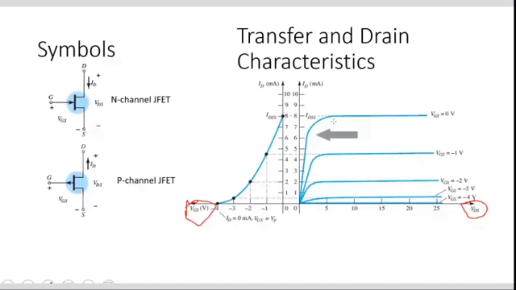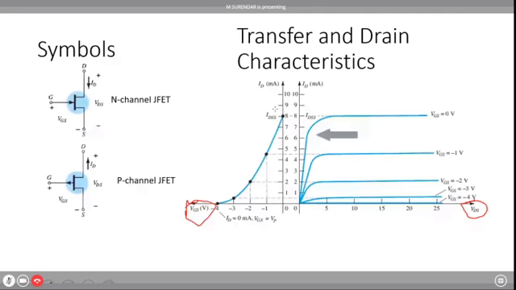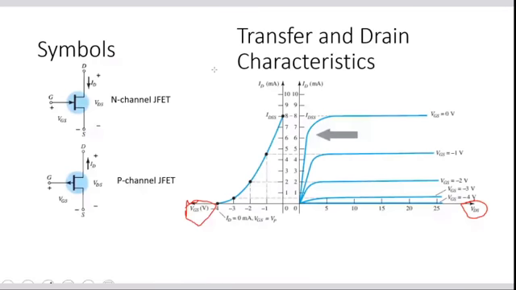Here you can see that this curve is due to Shockley's equation. I will show you Shockley's equation. It is very simple, and I hope you remember it very well. Also, in the drain characteristics, the VGS values are fixed, and we change the VDS and observe what drain current flows for every value of VDS.